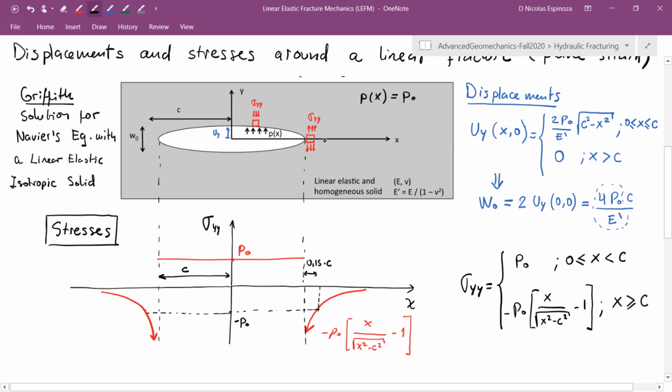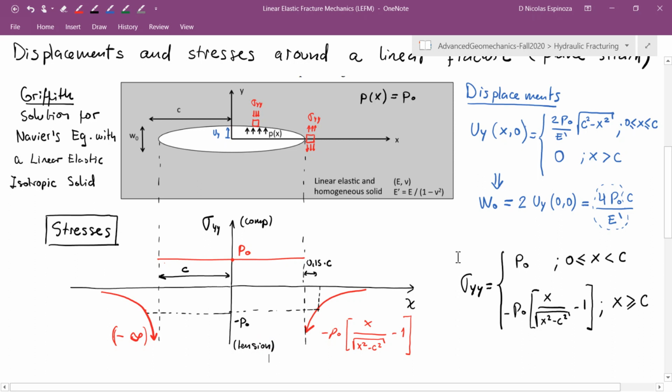All right, so now that we have the solution for the Griffith equation, let's add here that this is going to tend to negative infinity. And remember that here in the graphical solution, I'm putting two sides of the fracture, and in the equations we just have one side, but it's the same thing. And let me just add a few more things. So here, this is going into compression. This is going into tension.